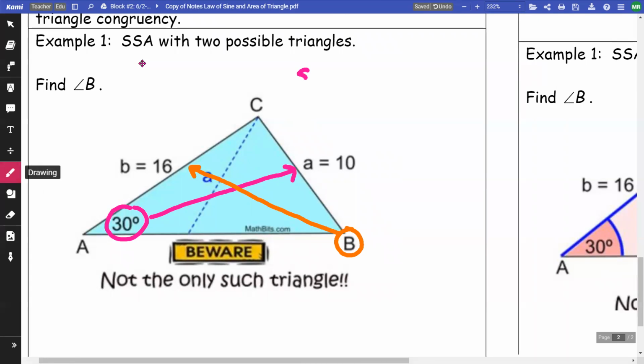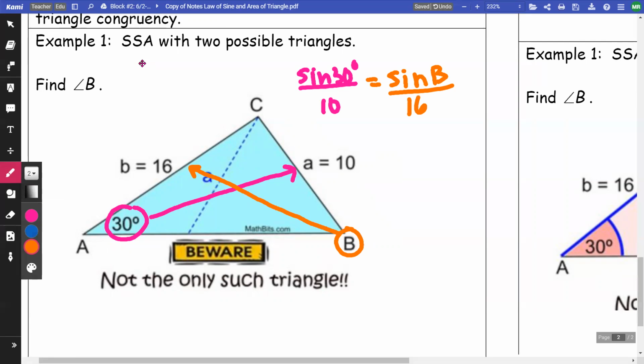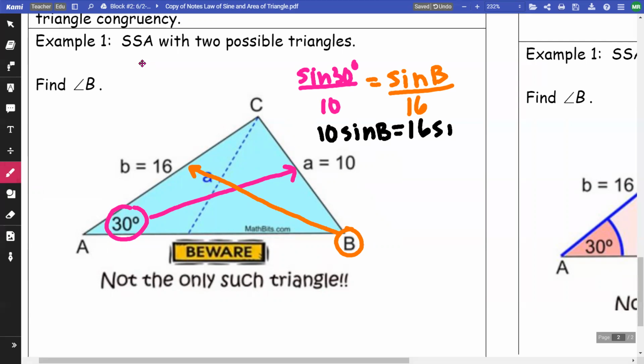So I am going to do sine of 30 degrees over 10 equals sine of B. So this is a little different. I don't know my angle this time. I know my side, which is 16. Okay, cross multiply. So let me take 10 times sine of B equals 16 times sine of 30 degrees.